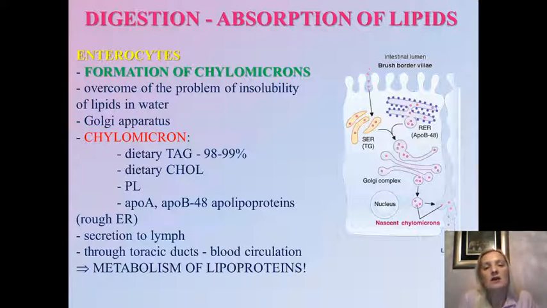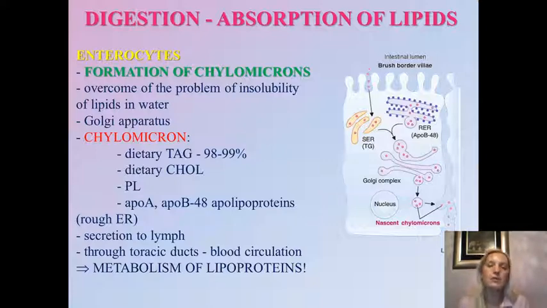Knowing the content of TAGs in our diet, it is logical that 98-99% of the chylomicron content is going to be 3-acylglycerols. The rest of the content is dietary cholesterol, dietary phospholipids, and apolipoproteins.